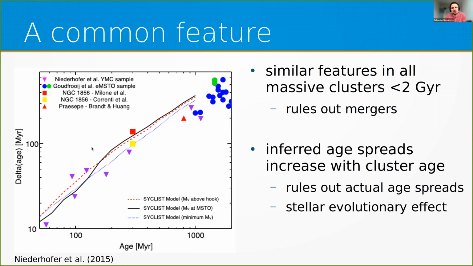This effect was first described in a paper by Sebastian and de Mink in 2009, and is nowadays also included in stellar evolutionary models. Like for example, here you can see again NGC 1846.